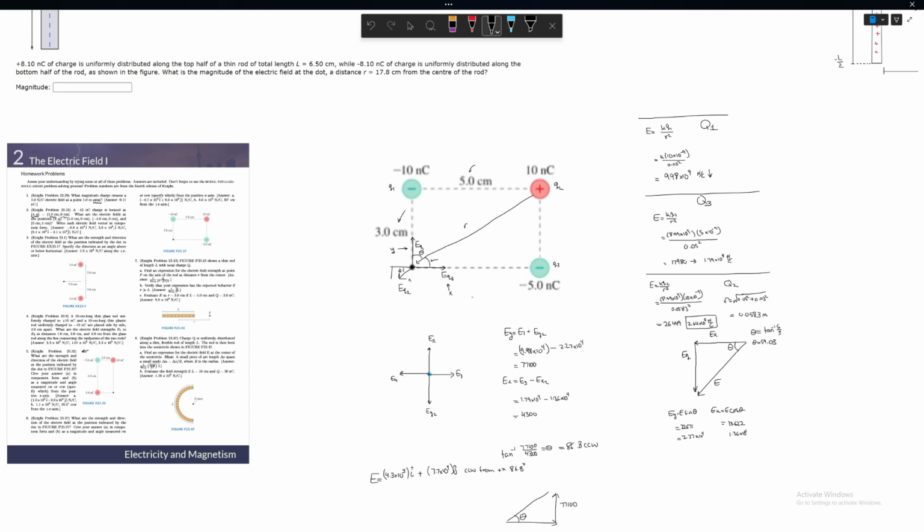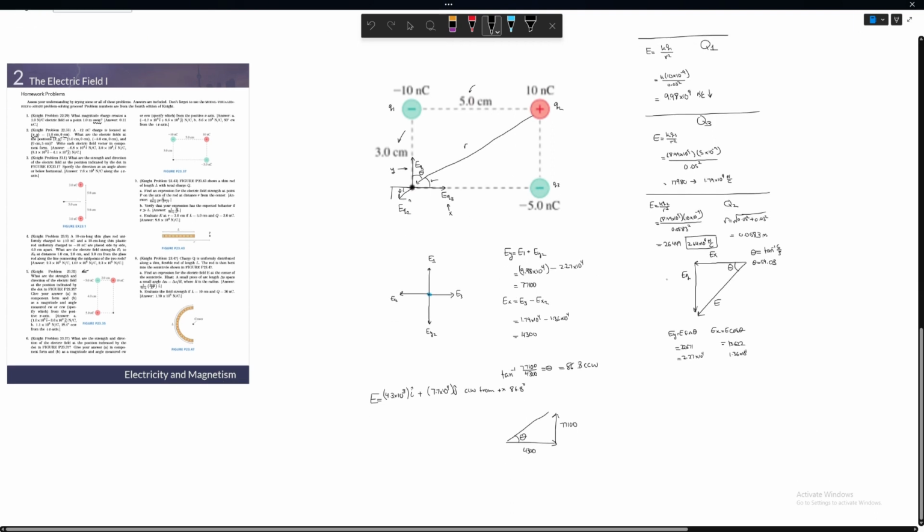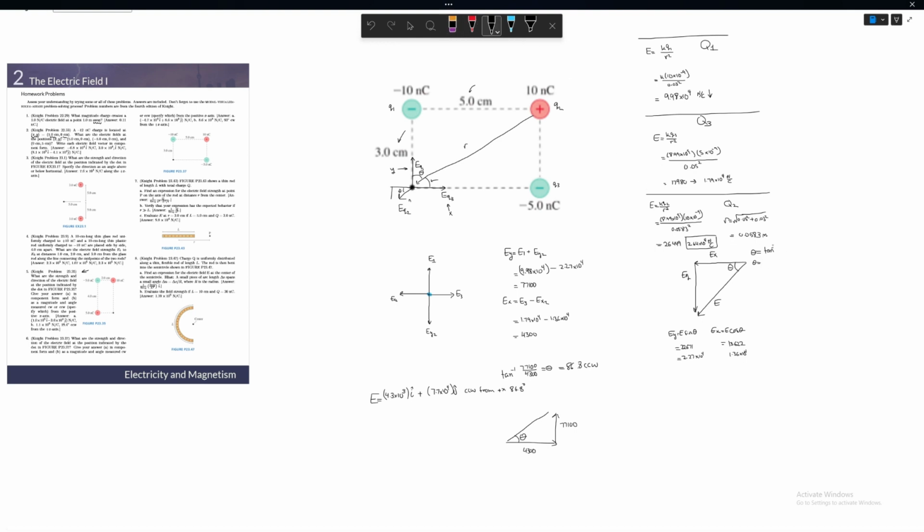And what that changes is that my tan inverse, which I did right here, is not 5/3, it's 3/5, which changes it to 30.96 degrees. And so this angle becomes 30.96, and that means these calculations will change.